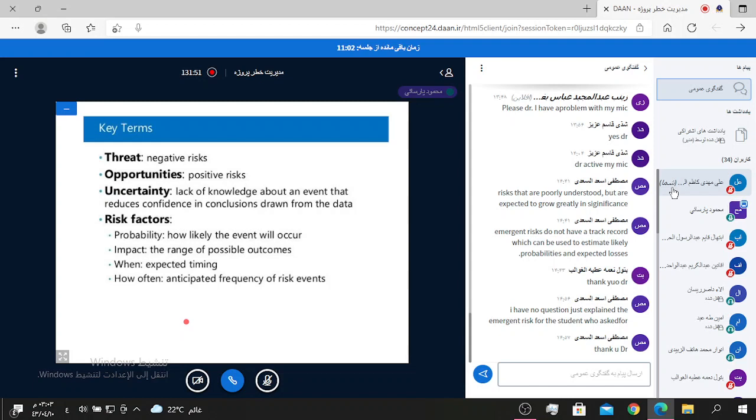And the next item about any risk is frequency: how often, the anticipated frequency of risk events.